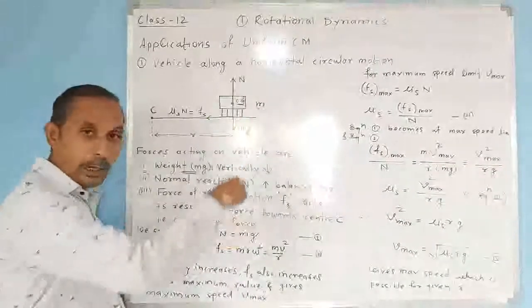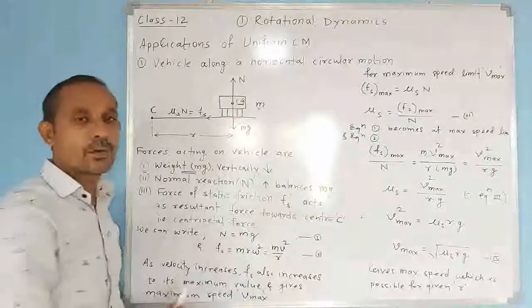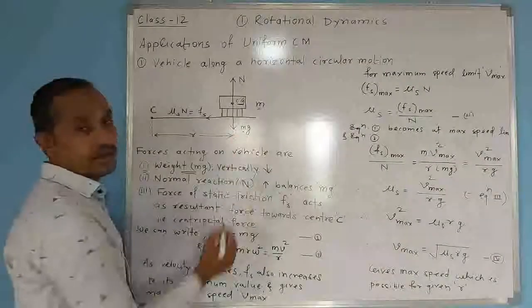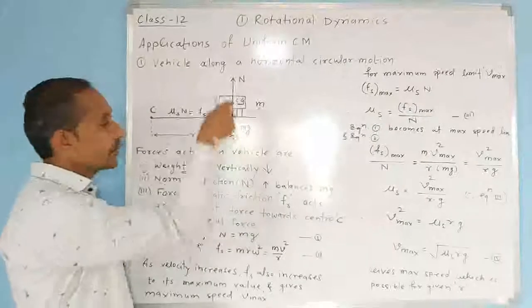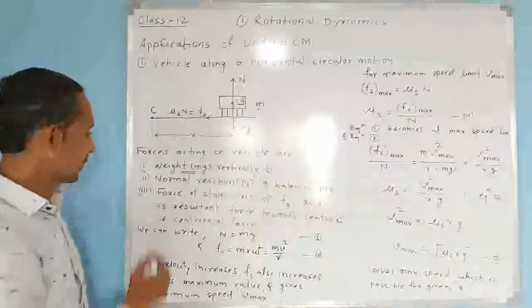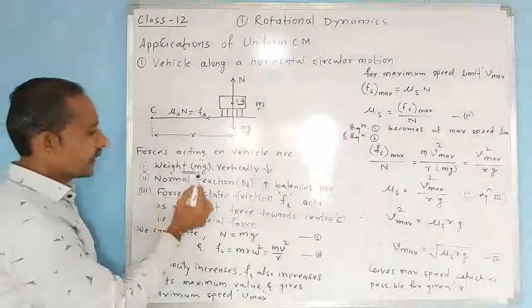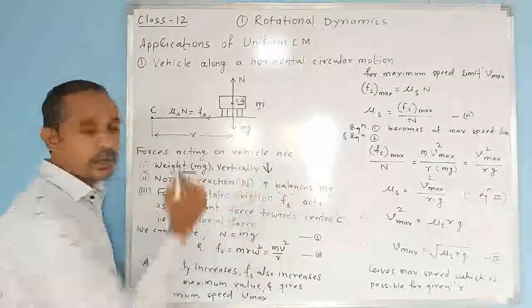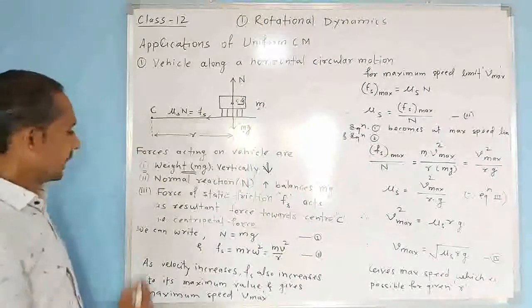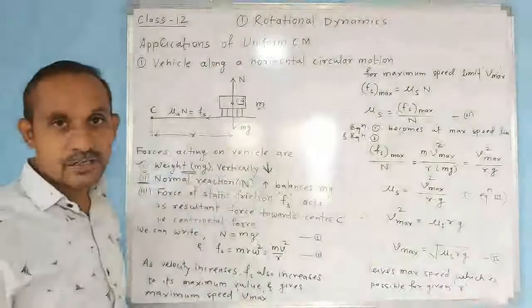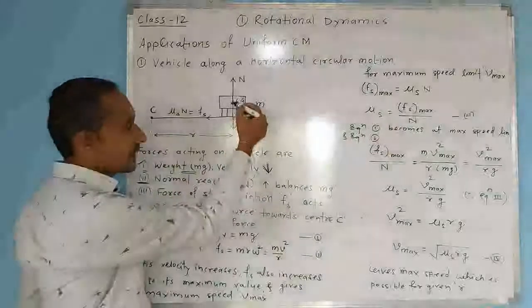It exerts a downward force. That downward force is nothing but the weight, and weight is given by mass multiplied by acceleration due to gravity. This is acting vertically downward. So the first force is weight mg, vertically downward.